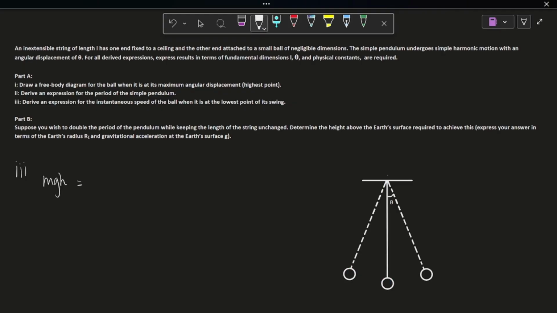So at the bottom, let's assume the ground level, or the zero potential energy level, is the lowest point of the pendulum. And this is equal to 1/2 mv squared. The first thing we can do is cancel out m, obviously. However, we don't know h. So now let's do some simple geometry.